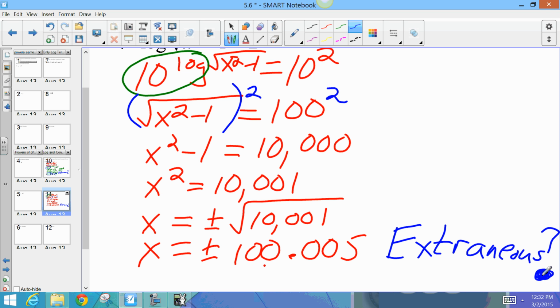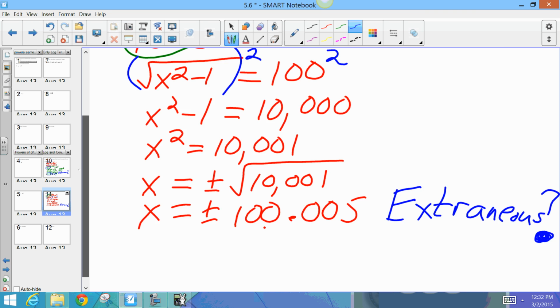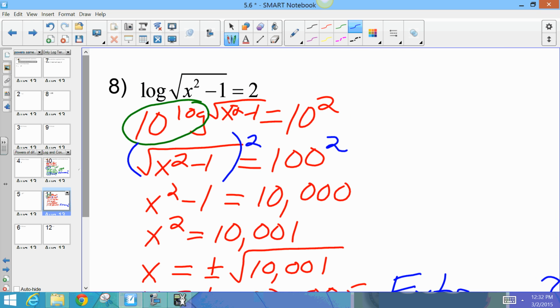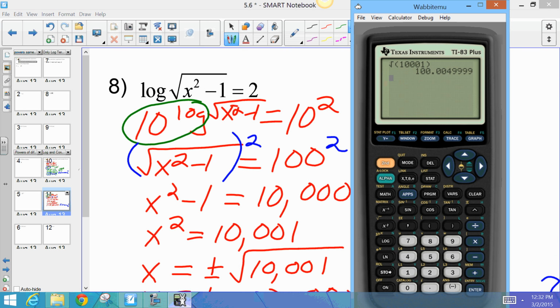Again, I'm going to use a calculator here. I'm going to go back up to the original problem, and I'm just going to plug 100.005 in for x into the original equation. So I'm going to start out by taking 100.005 and squaring it, then subtracting 1.